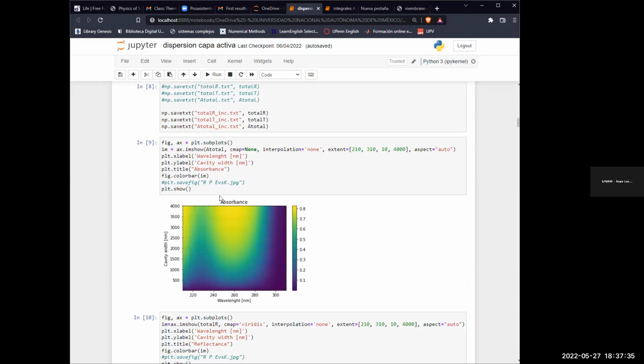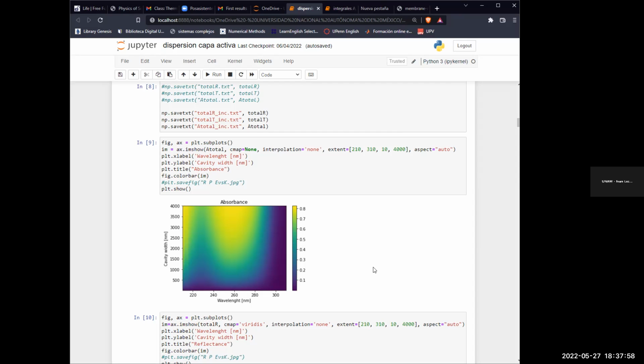So this is the visualization of the absorbance. As we see, we have some cavity lengths that allow us to increase absorbance.